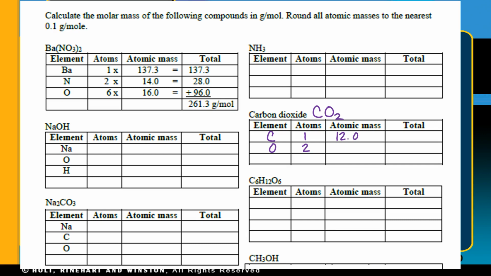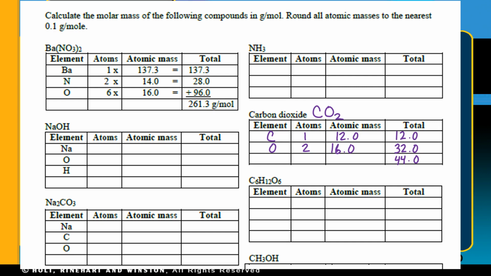Oxygen is 15.998 or 999, so at 1 decimal place it is 16.0. So that's contributing 12.0, and that's contributing 32.0. I add them together, and for carbon dioxide, I get a molar mass of 44.0.